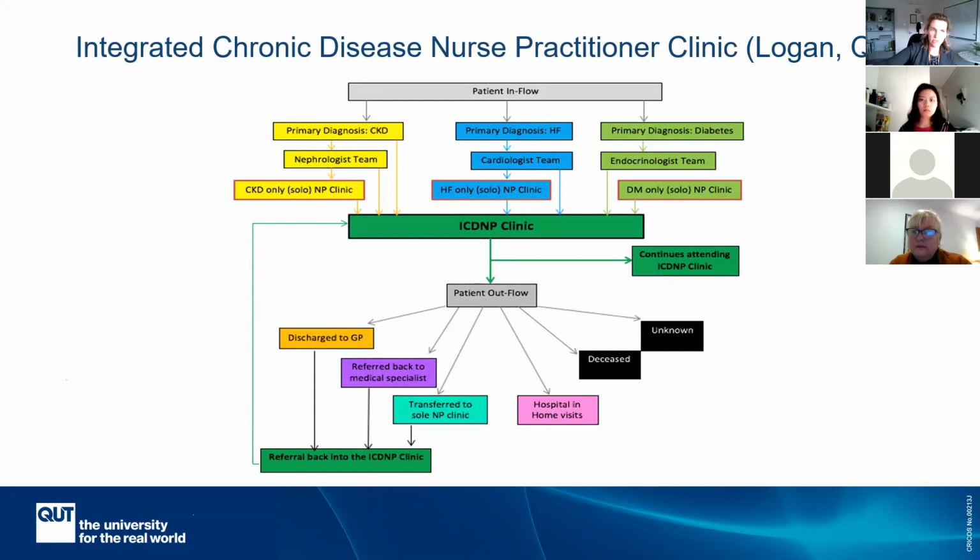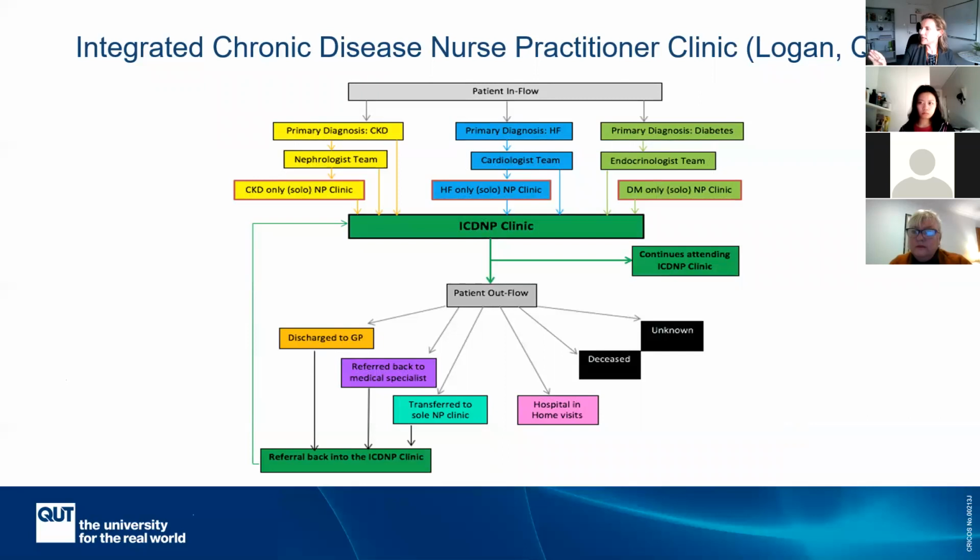And so what they did was they identified people who were living with chronic kidney disease, heart failure, or diabetes, and then they were referred via their team to the nurse practitioner clinic. They came in to the nurse practitioner clinic if they were living with more than one of those conditions.